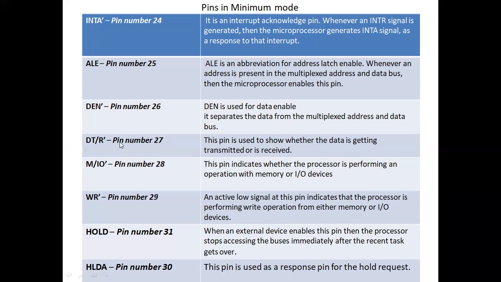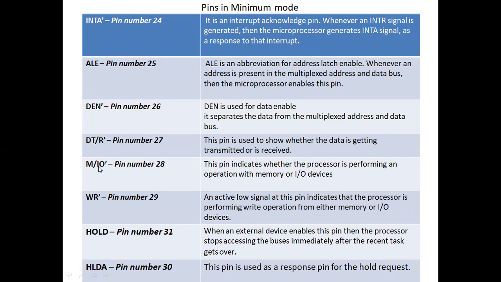The next pin is DT/R, data transmit or receive. Whenever the data is getting transmitted, the pin is high, and when the data is received, the pin will be low. So it indicates whether data is transmitted or received.